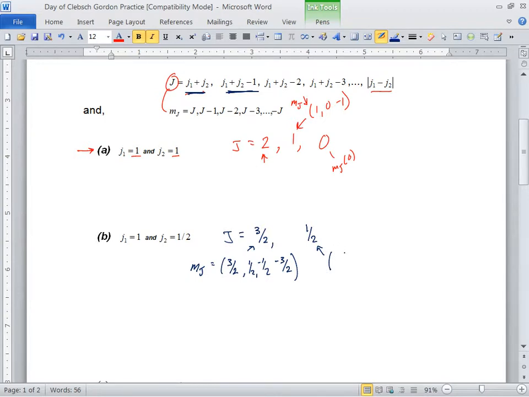And for the 1/2 term, the 1/2 j, 1/2 all the way down to, is there anything in between? Right. We wrote the number, and then we subtract 1. We're already down to negative 1/2.